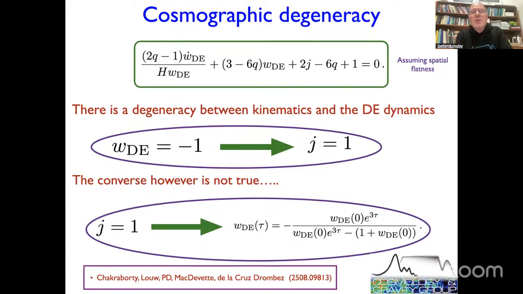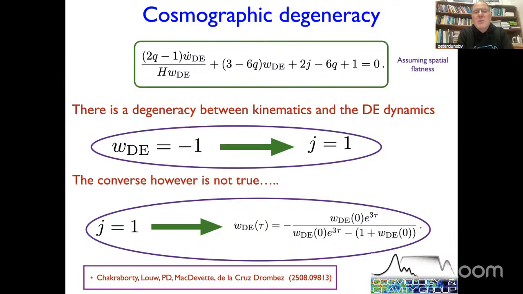If you remember what the cosmographic parameters are, the most famous is the deceleration parameter q, and the next derivative up is the so-called jerk parameter, and then you keep going higher and higher in derivatives of the scale factor.